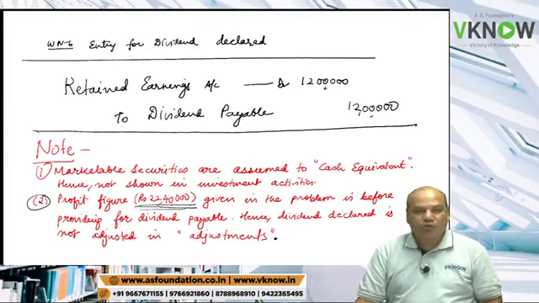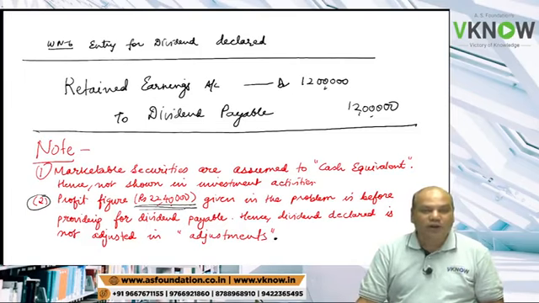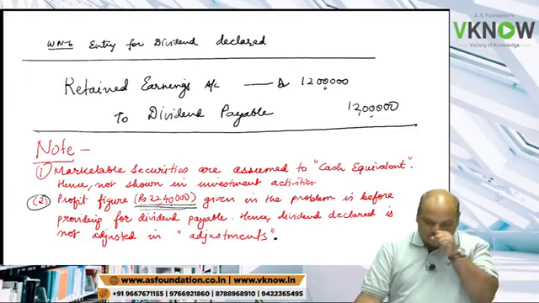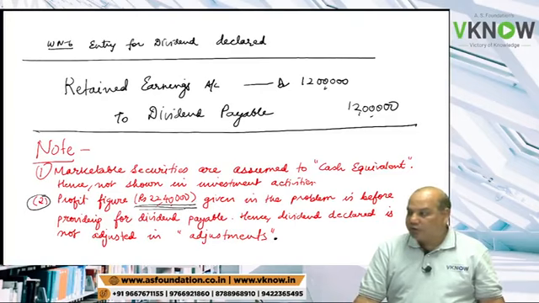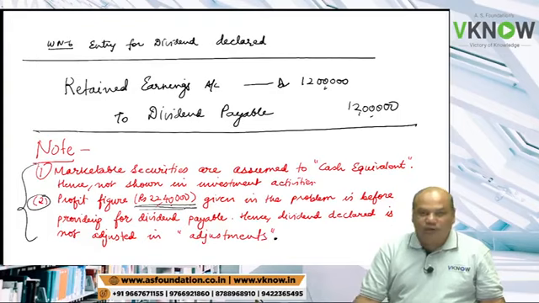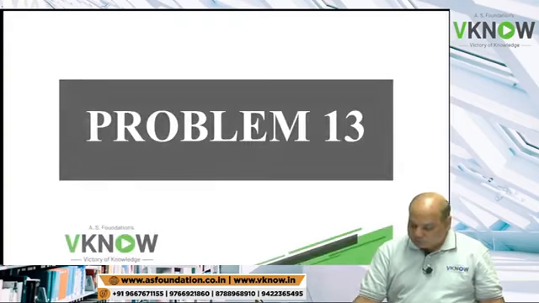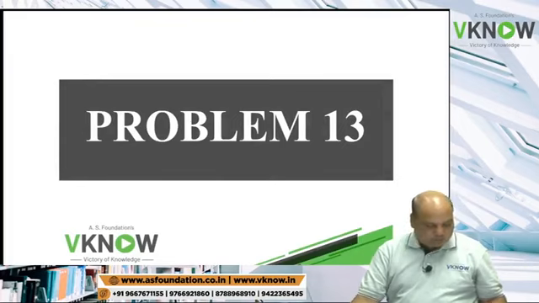Since dividend is not deducted in arriving at 22 lakh 40,000, it won't be added back. Okay. Any further query is welcome after these two notes. No query, no question, no problem.